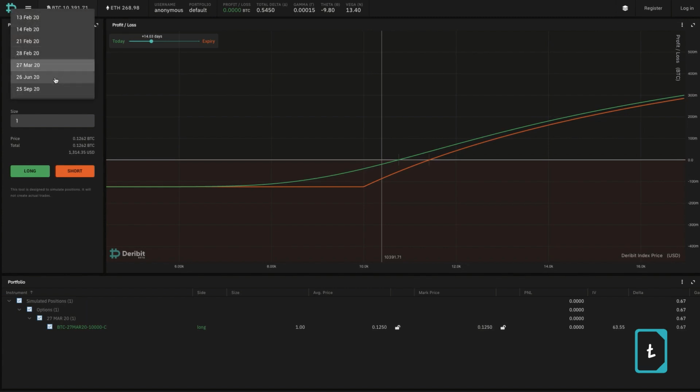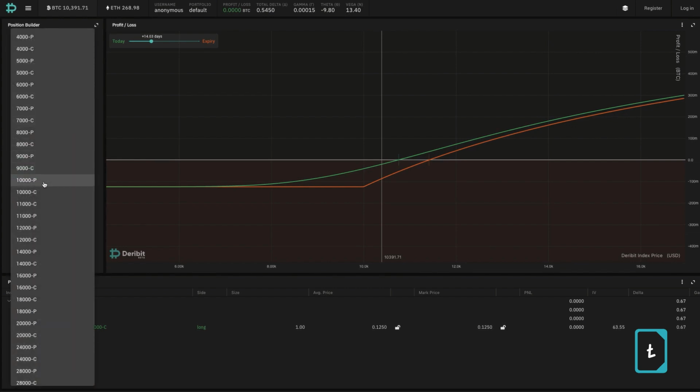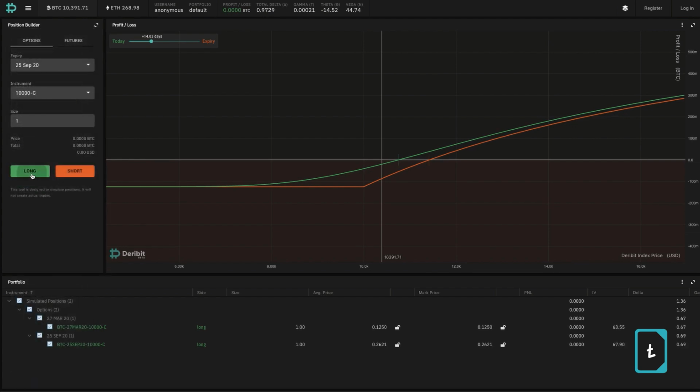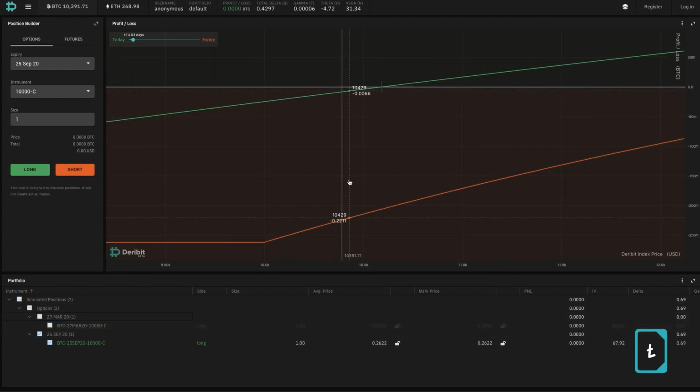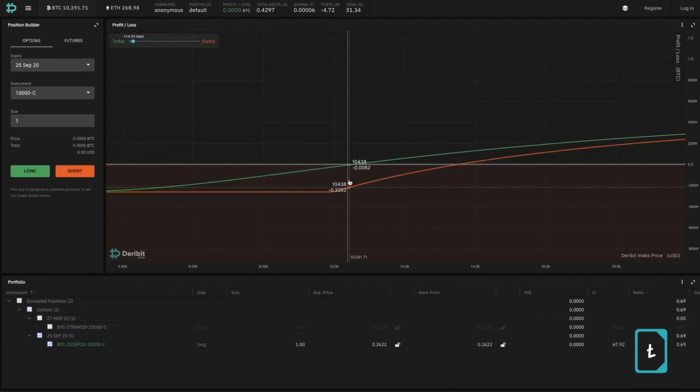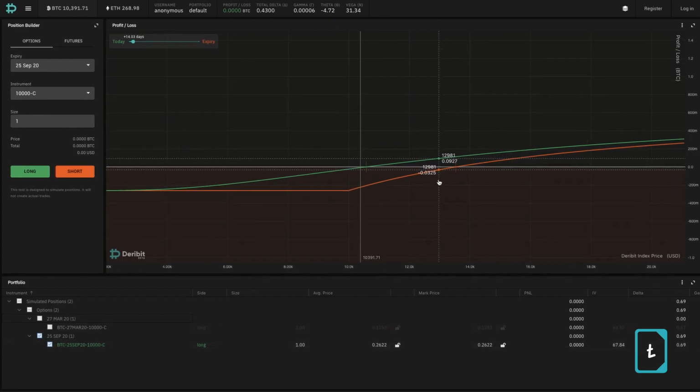So let's use another example, and let's say September 2020, and we'll use the same $10,000 call, and we'll go long, and let's remove our March one. Well, now look at this one. You're actually paying, what do we pay? We paid 0.26 Bitcoin. So whatever that was, $2,700 for that privilege.